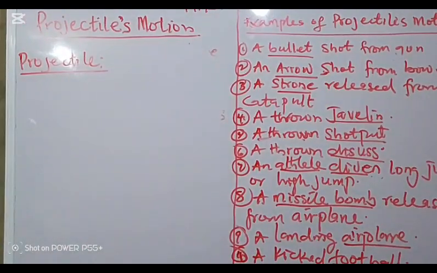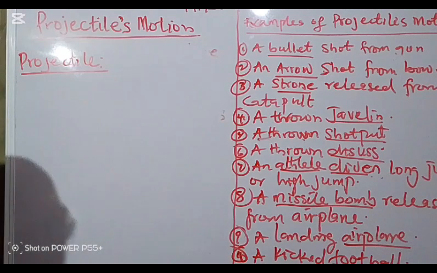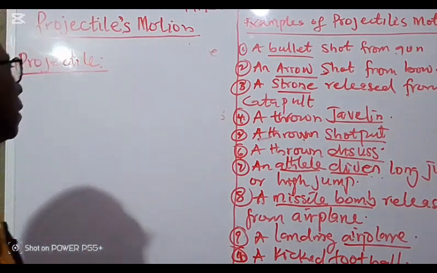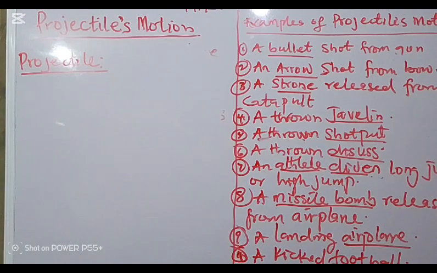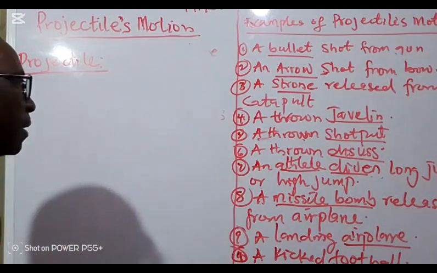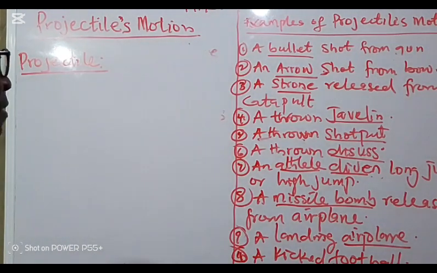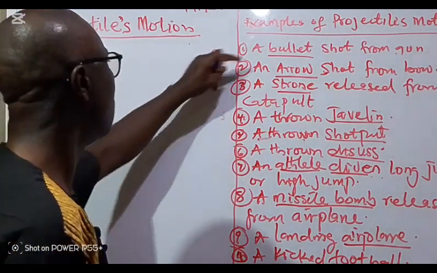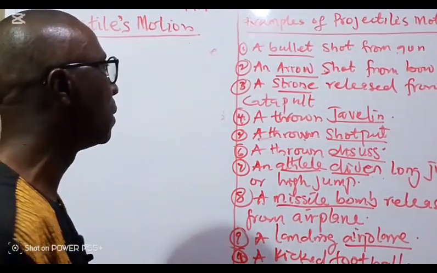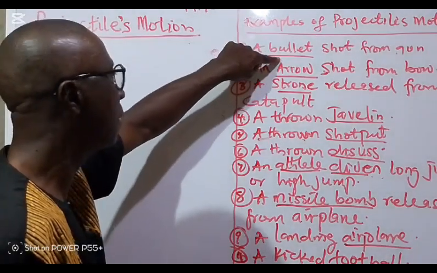Next is the projectile itself. We need to know what is meant by projectile. When you say projectile, it is that particular object launched into air or space that performs projectile motion. From the underlined words in these examples, for instance, in the first example, a bullet shot from a gun, the projectile there is the bullet.